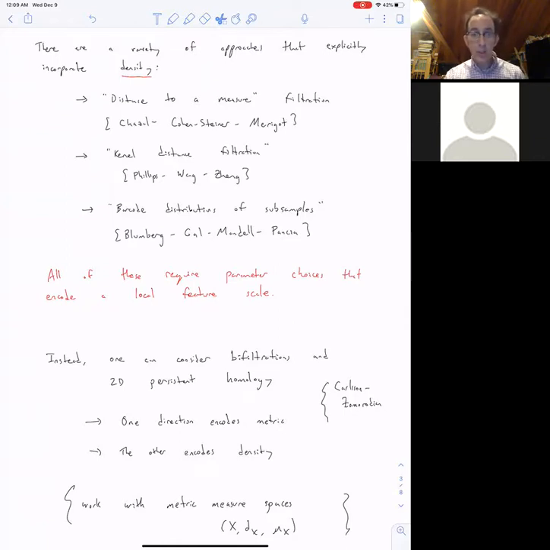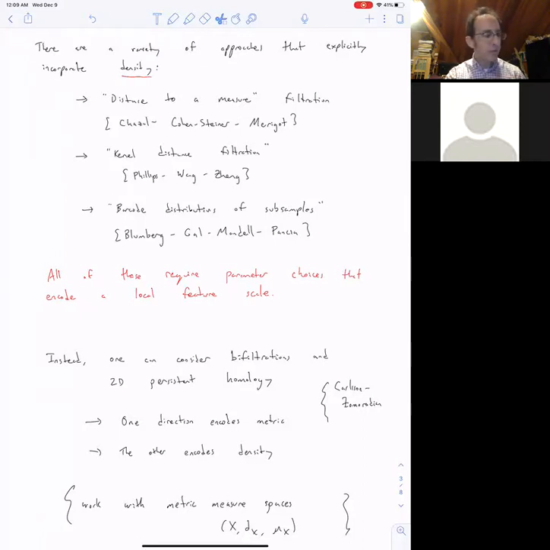A slightly different approach I worked on with Gal, Mandell, and Pancia looks at distributions of barcodes you get by looking at subsamples of your data. In all of these cases, you're doing the thing that people always do to deal with outliers, namely you're trying to smooth them away or sample them away. And all of these require parameter choices that encode information about some local feature scale, either the width of the kernel, or the width parameter in the distance to a measure filtration, or the sampling rate for this barcode distributions approach. There are other ways you could do this too, all of which have a similar flavor.